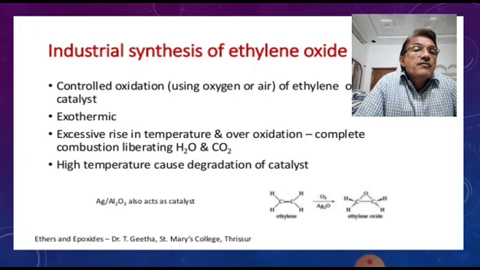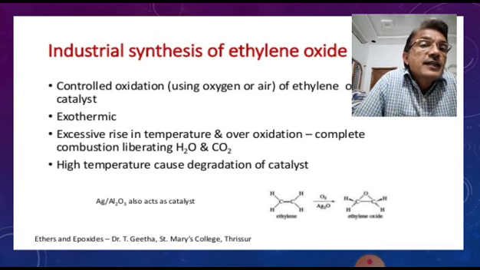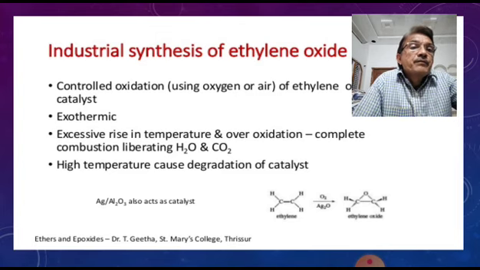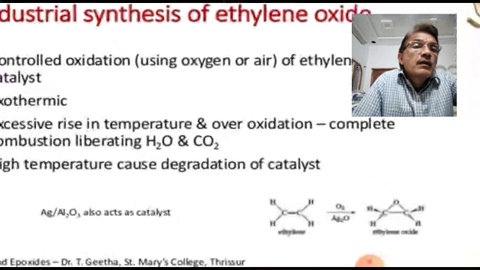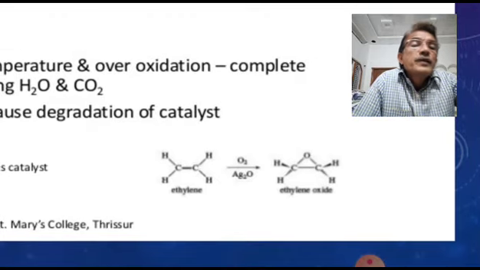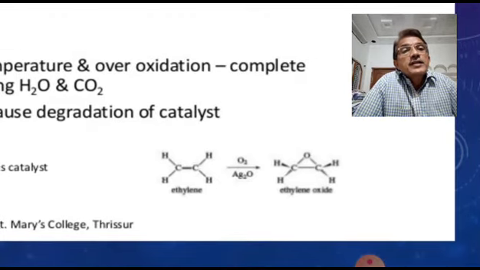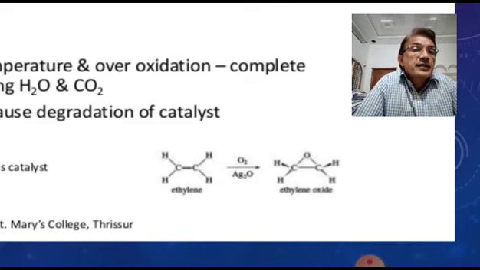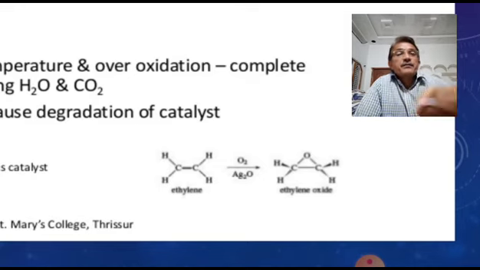This is the formation of ethylene oxide or epoxide. Ethylene oxide can be obtained by treating ethylene with oxygen. This is the oxidation of ethylene. When ethylene is oxidized in the presence of a catalyst, silver oxide, it gives ethylene oxide. This ethylene oxide is also called epoxide.